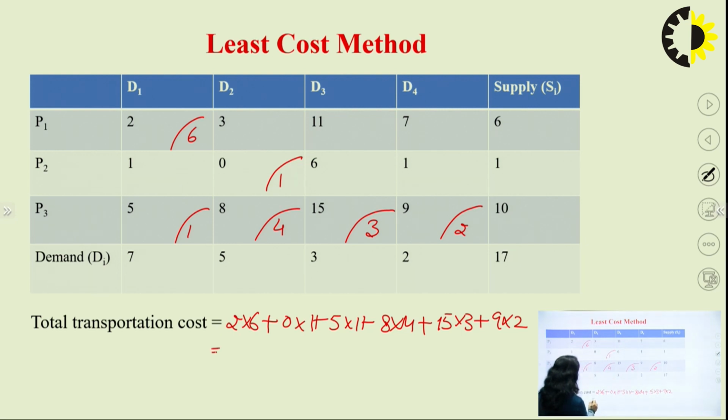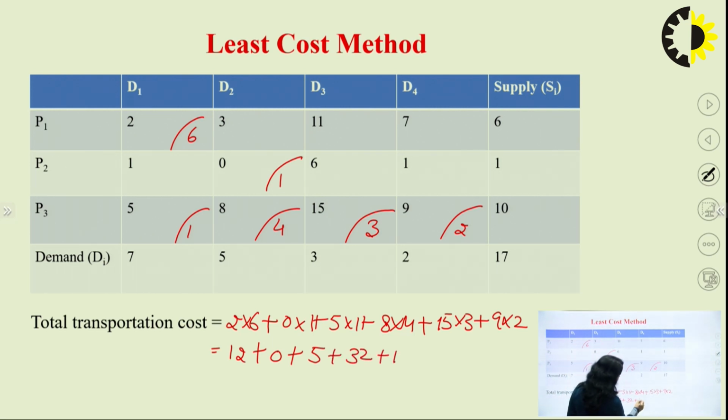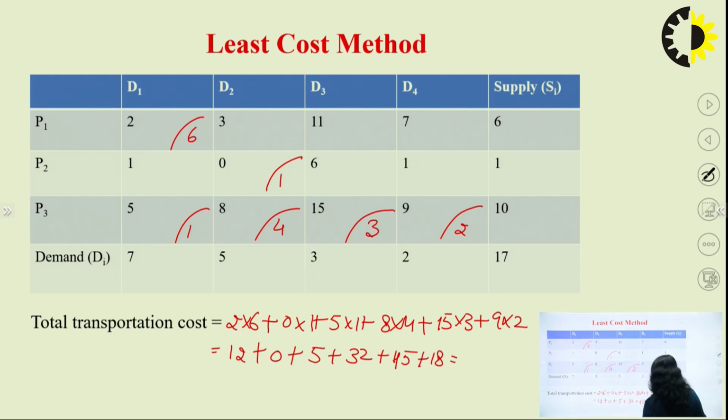So, it will become 12 plus 0 plus 5 plus 32 plus 45 plus 18. So, it will become 112. Okay. So, this is the total transportation cost in case of the least cost method.